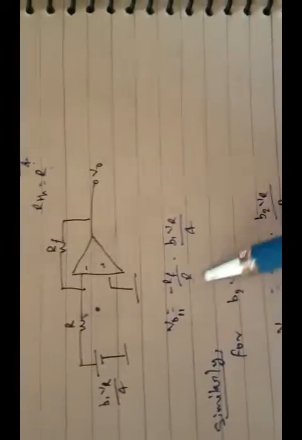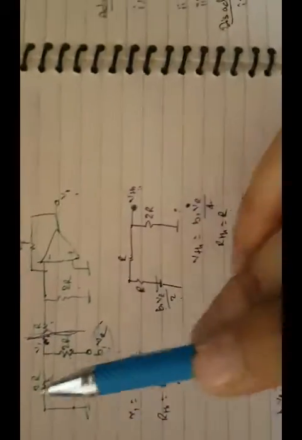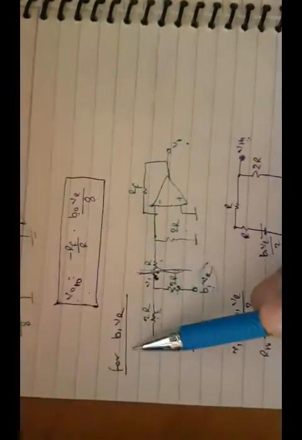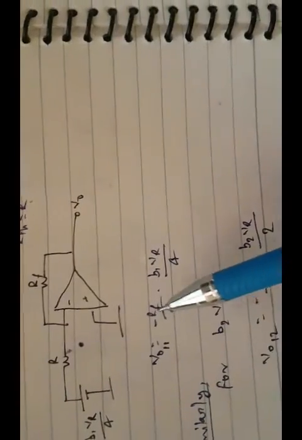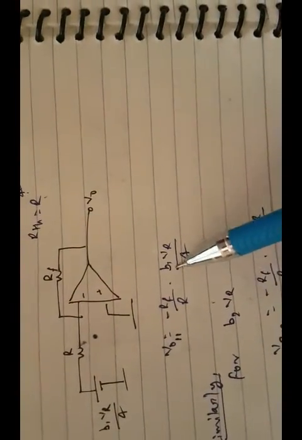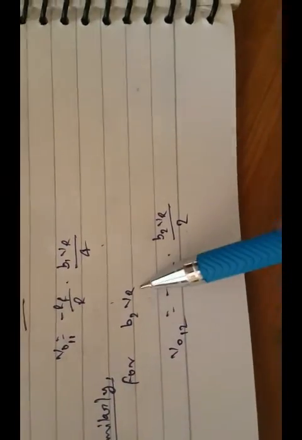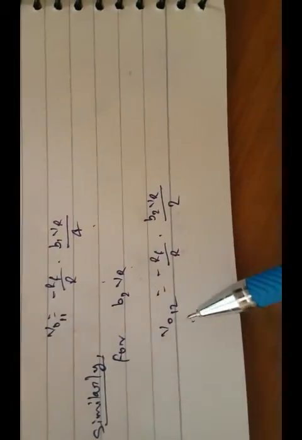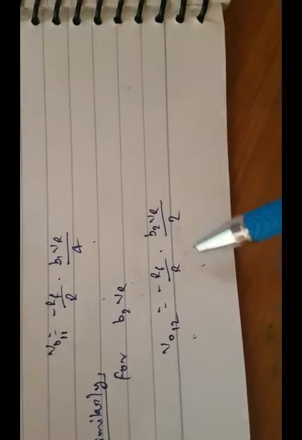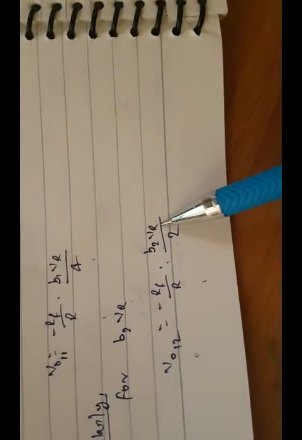So for this B1 VR, we get the output minus RF by R into B1 VR by 4.